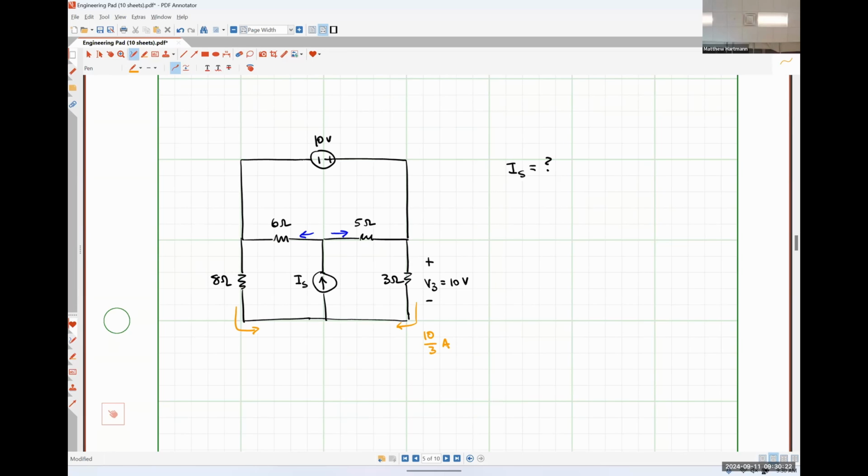Is that okay? So we have an 8 ohm resistor. We are trying to find the current flowing through said 8 ohm resistor. So what piece of information are we missing to determine that current? The voltage, okay?